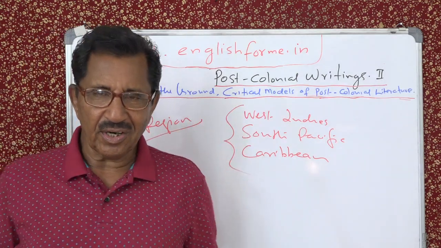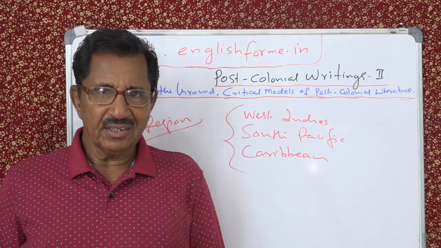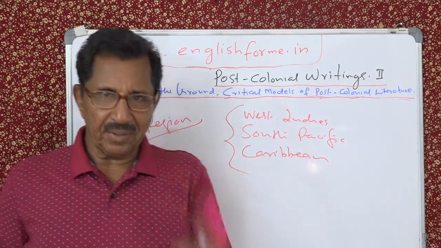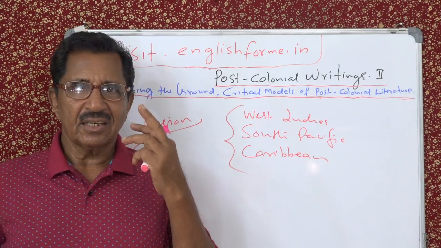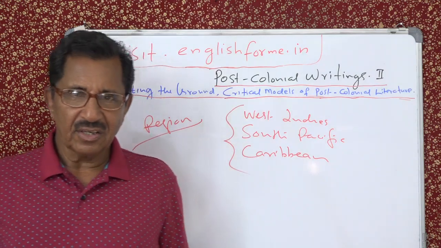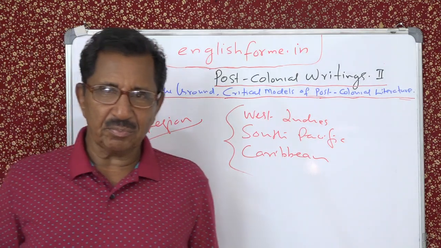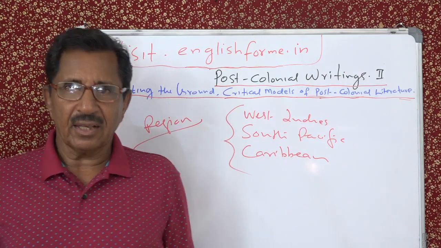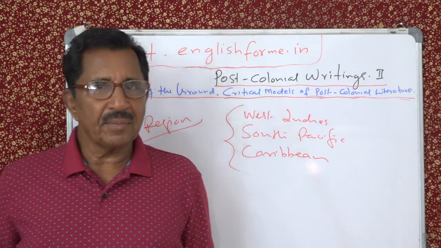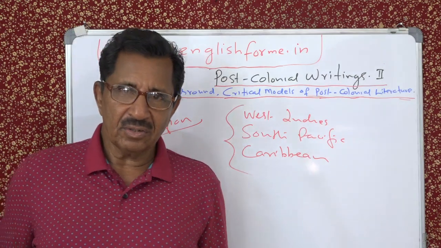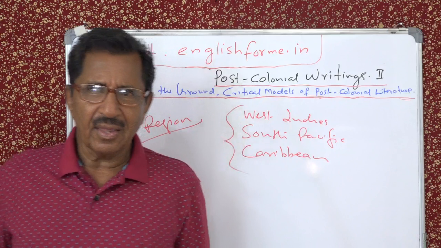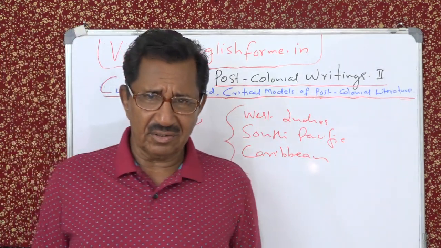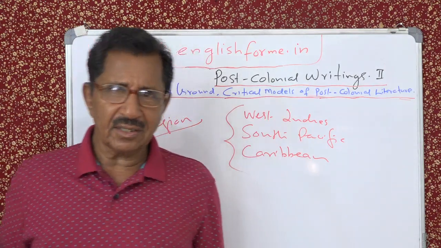We saw 4 models: one is national or regional, second is comparative, third is race-based, and fourth is stressing certain special characteristics found in all post-colonial literatures, that is syncretism and hybridity. And there are also some minor models like language and place, like language and culture and so on. Those we'll see.